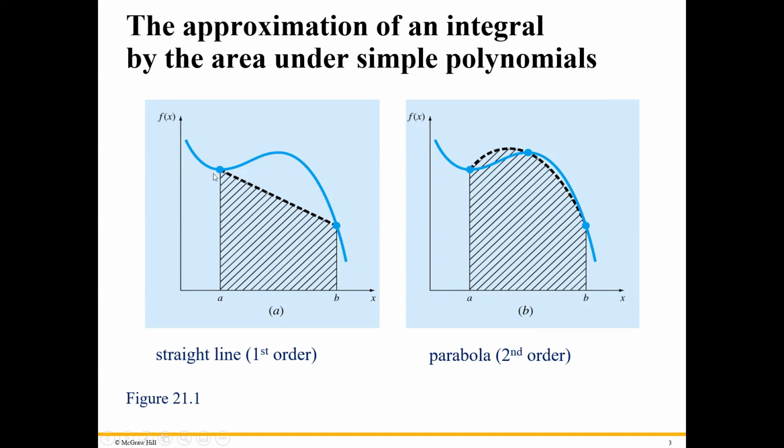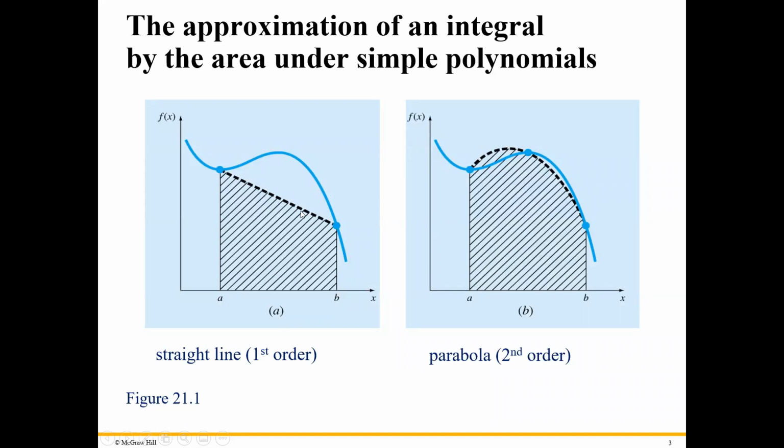This blue line over here is the actual function. We want to integrate it from point A to point B. For the integration from point A to point B, our calculus course says that the area under this curve from point A to point B is the value of the integration.